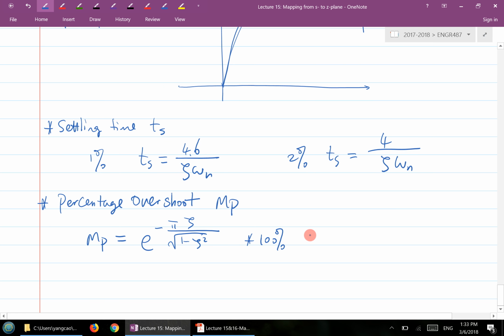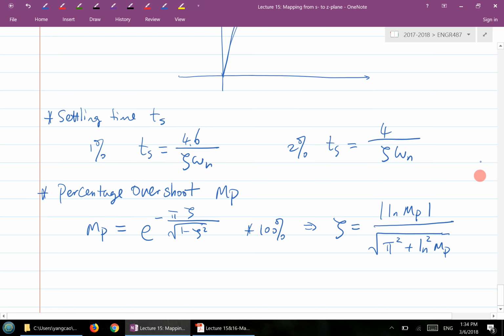Based on this formula, if you're given the percentage overshoot, you can inversely calculate what the damping ratio should be. So that inverse formula is this one, and that gives the damping ratio.